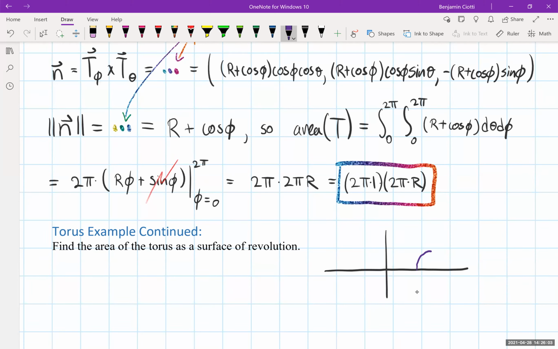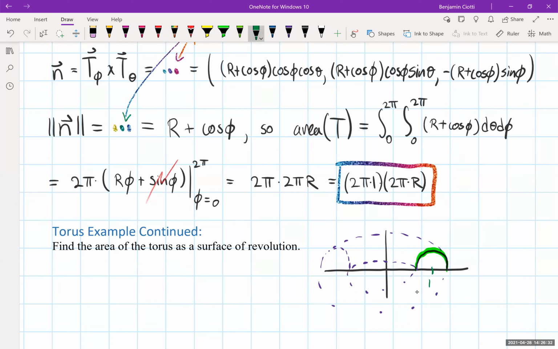So imagine slicing a bagel like you're going to put it in a toaster. I'll compute the surface area of the top half and double it, which means I need this function right there.